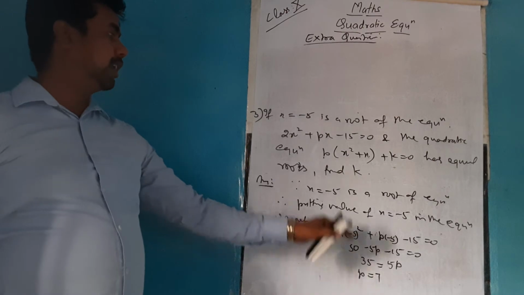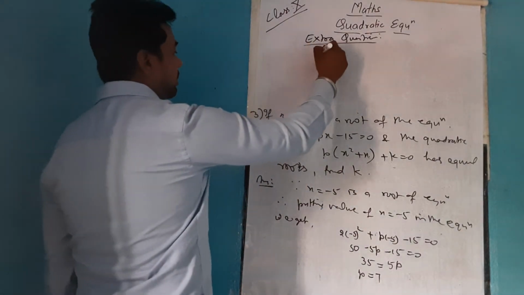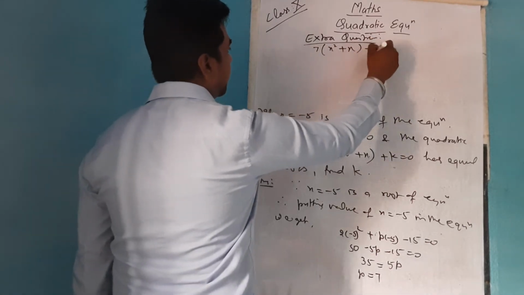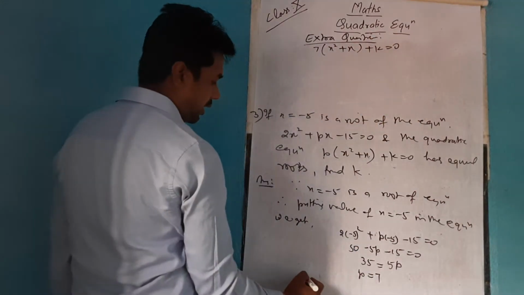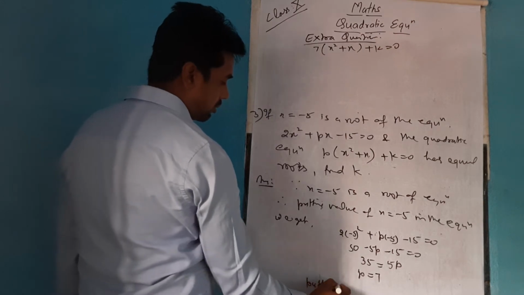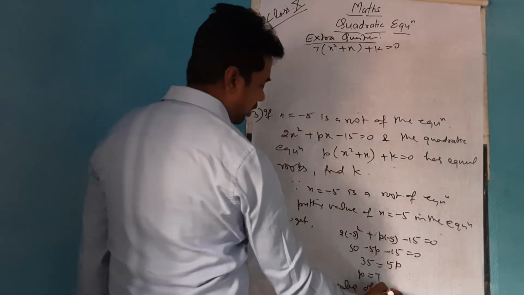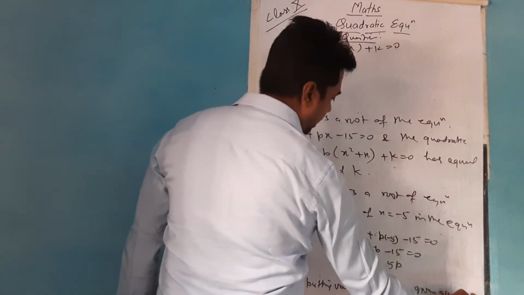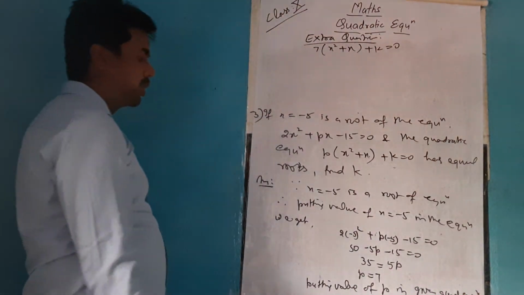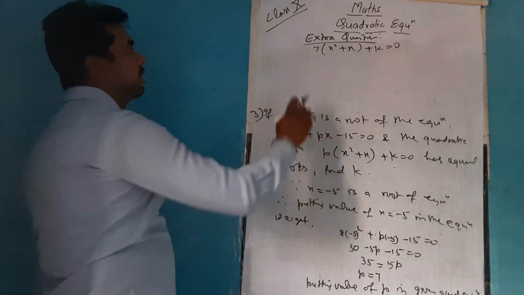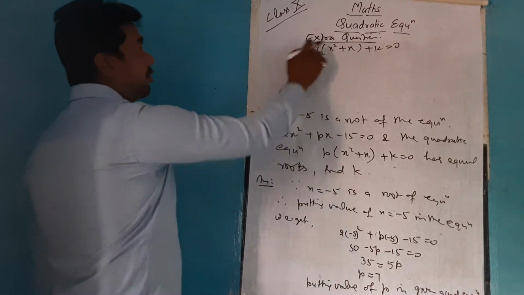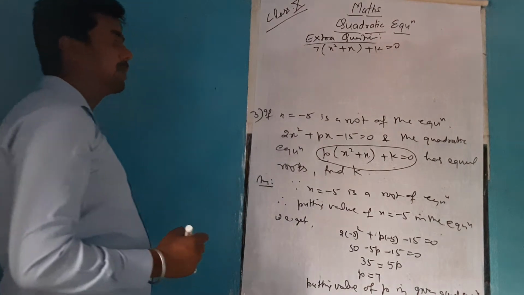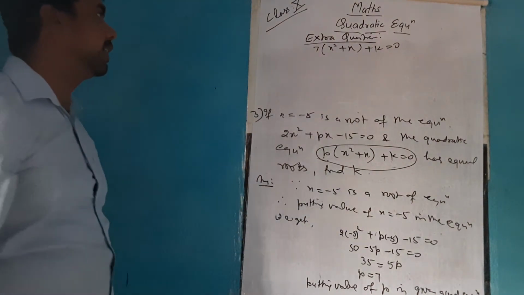So now when you put the value of p in the given equation, that becomes 7 times x² + x + k = 0. Here we are putting the value of p in the given quadratic equation, p times x² + x + k = 0, which has equal roots.